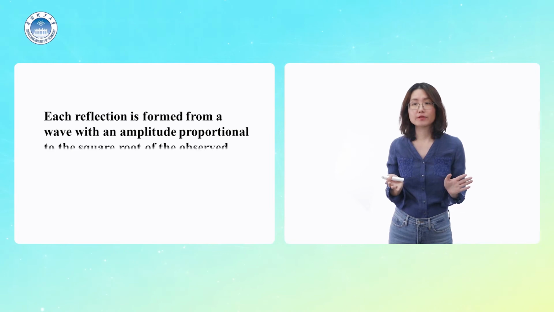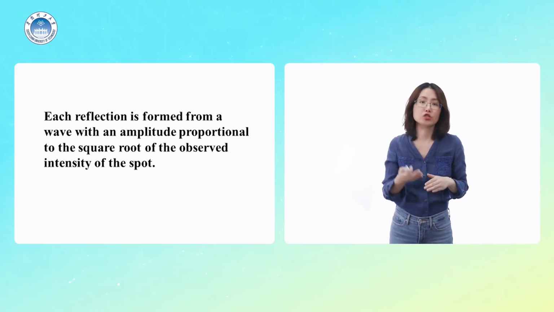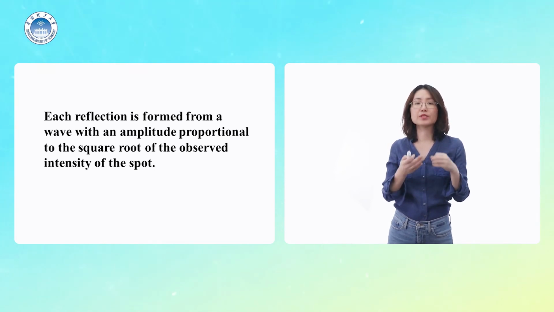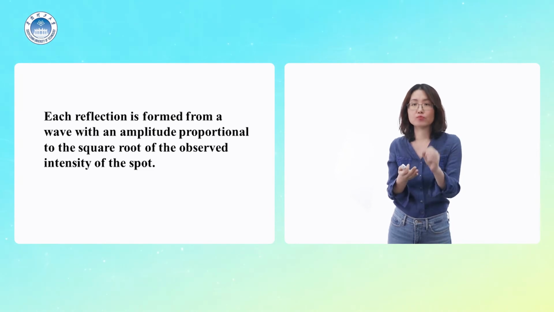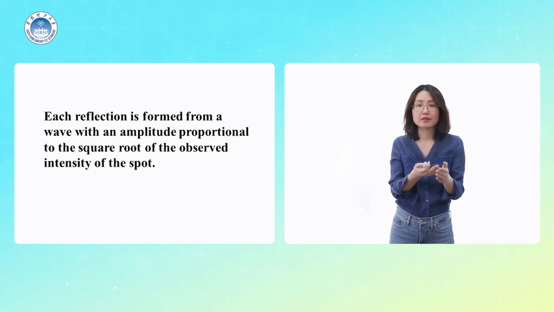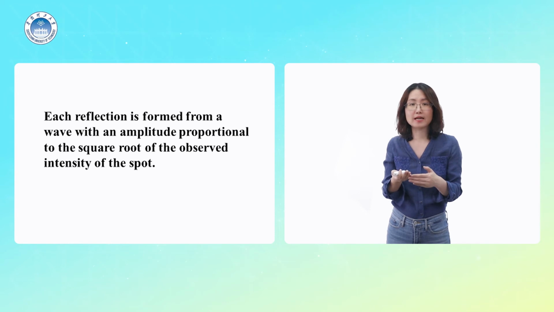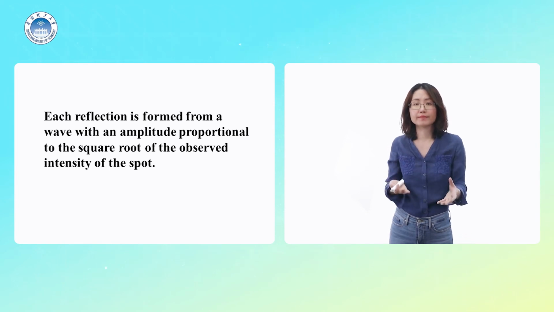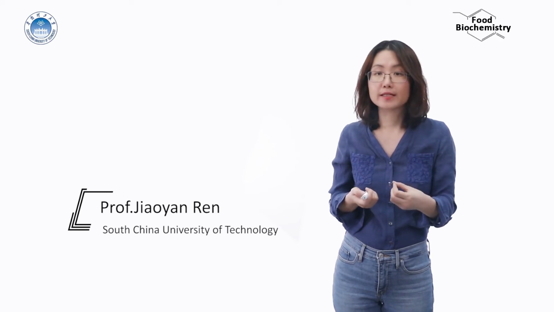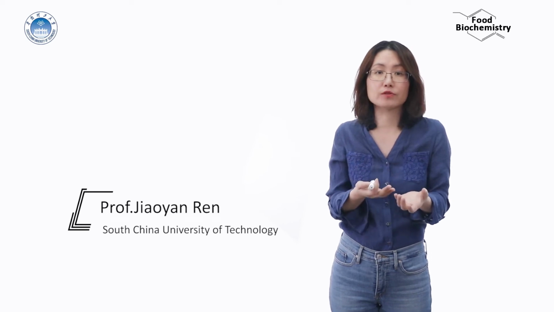Each reflection is formed from a wave with an amplitude proportional to the square root of the observed intensity of the spot. Each wave also has a phase, that is, the timing of its crests and troughs relative to those of the other waves. The next step is to reconstruct an image of the protein from the observed reflections.